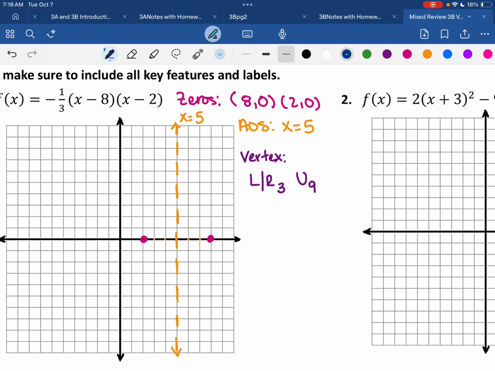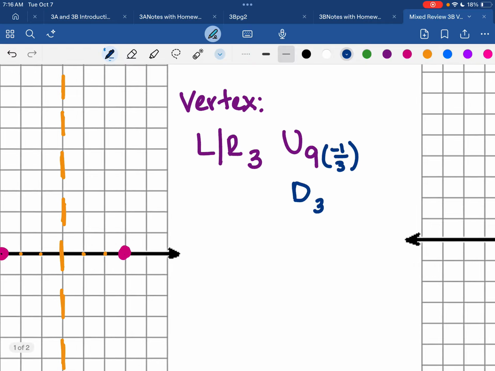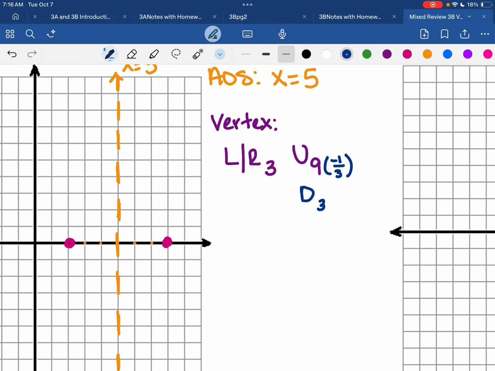However, since I have an a value, I'm going to take that a value times my up value, which is 3. What happens is up becomes down because it's negative, and it becomes 3. So from my vertex, these points traveled left or right 3, down 3 from my vertex.